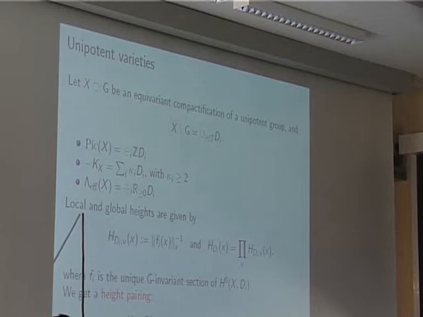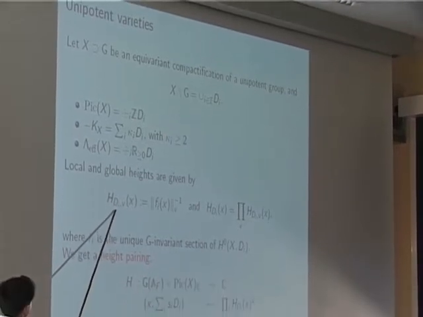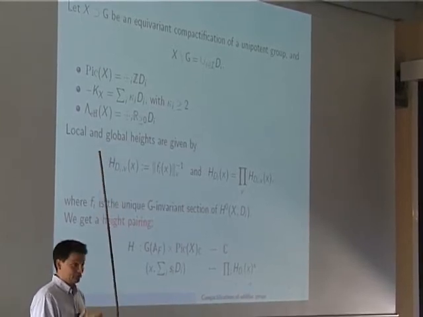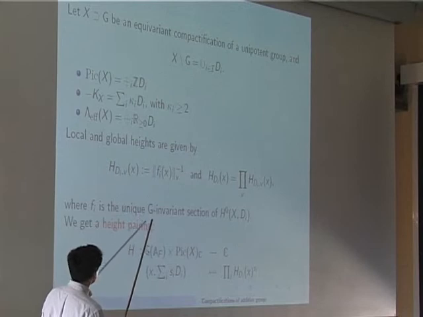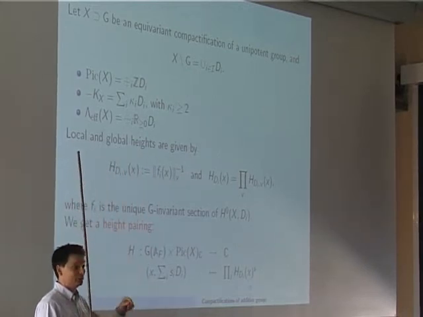But for our counting purposes, we need heights, all right? So local heights first with respect to the boundary divisors. So you look at H0 of D_i, so it's G-linearized, and as you know, a unipotent matrix can be brought into upper triangular form.